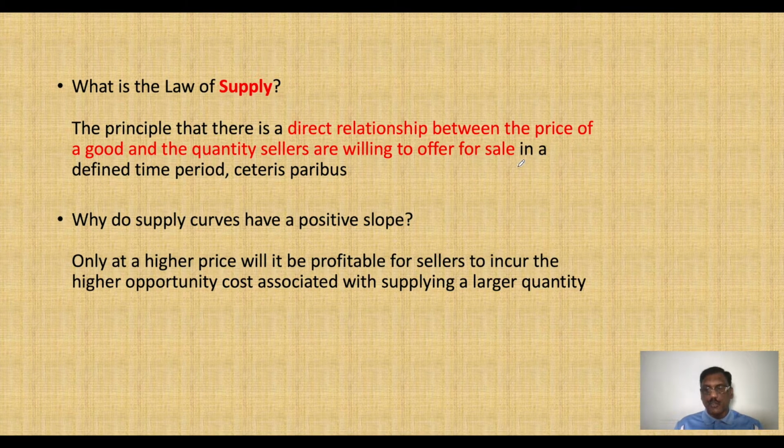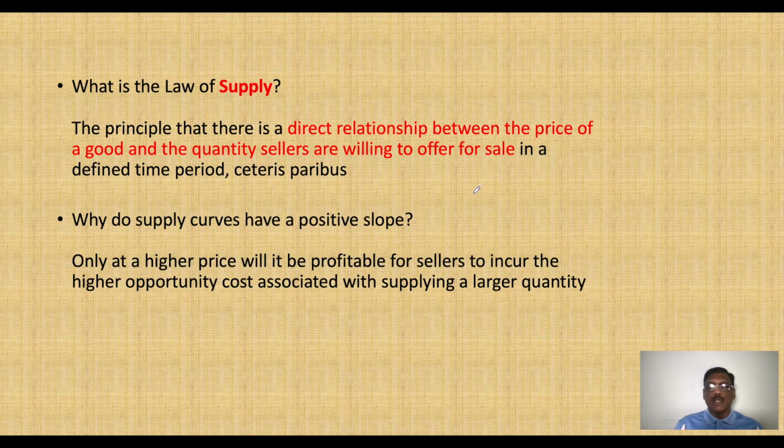Now, we come to supply. If there was an inverse relationship in the law of demand, there is a positive or direct relationship between the price of a good and the quantities sellers are willing to offer for sale, again in a defined period of time, ceteris paribus. What does it mean?